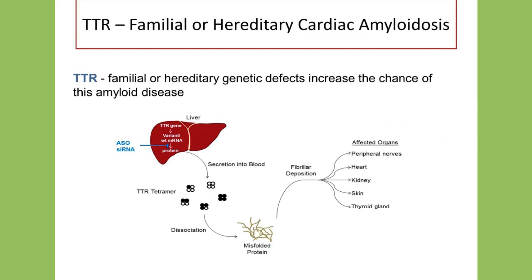With this, familial hereditary genetic defects increase the chances of this type of amyloid disease. This type of amyloid disease is known to affect peripheral nerves, the heart, the kidneys, skin, and the thyroid. Essentially, it is very similar to the wild type, however, a little bit more aggressive in other areas.